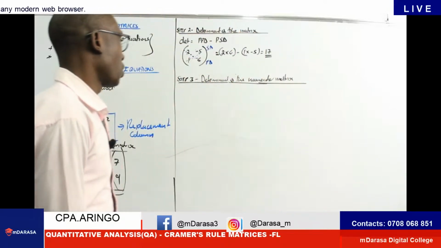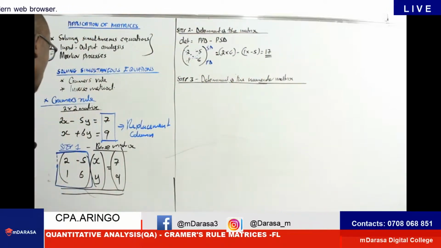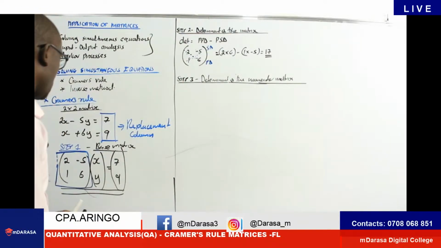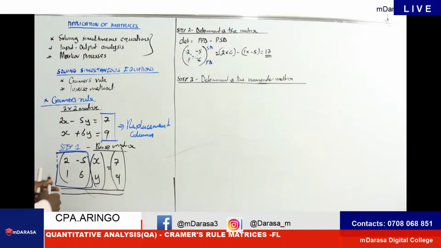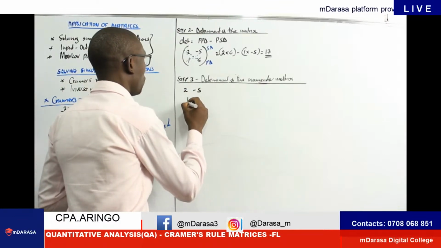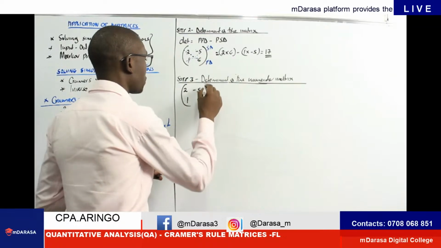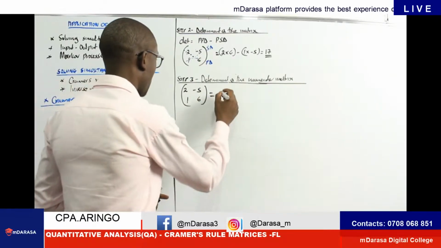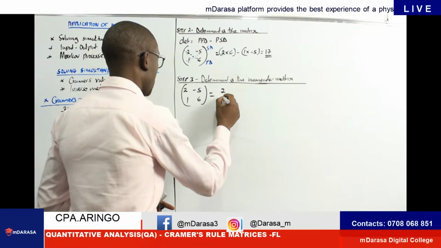Take, for example, this case. I'm having our matrix. Remember what we had here? We had 2, negative 5, 1, 6. Ignore x and y. In this case, we should be having 7, 9, right?